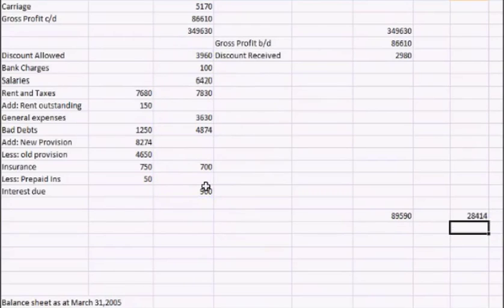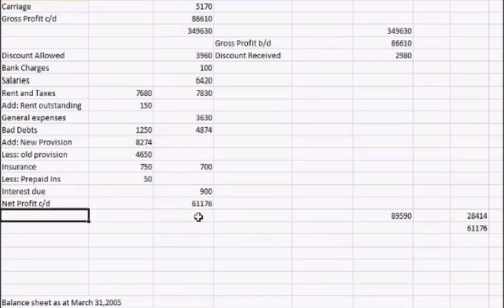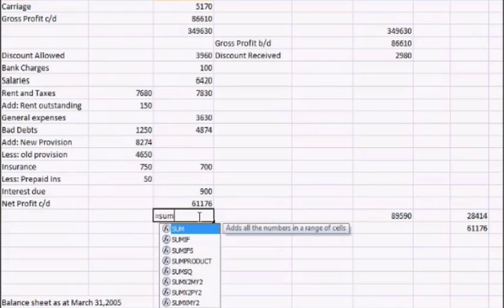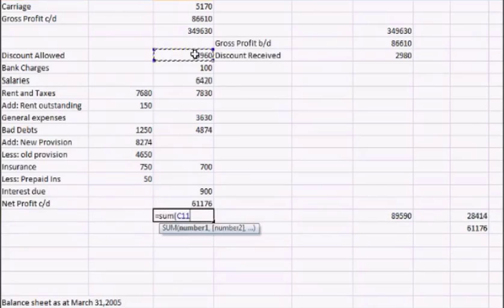So this is the amount, take the difference. The difference amount would be your net profit. So this is your net profit carried down, and the amount is 61176. So the sum on both sides now would be the same. Now we have balanced our profit and loss account also.